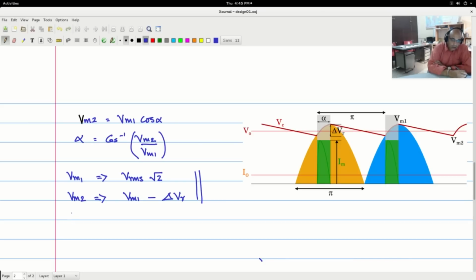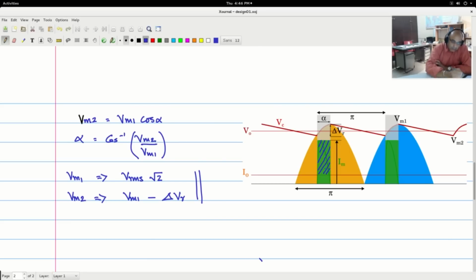Then, once you know the value of alpha, you can calculate the current that is flowing through the capacitance. The current that is flowing through the capacitance, now as I said, we are going to make this rectangular approximation, and you have to make use of the condition that the average value of the current through the capacitance is always 0 in the steady state.